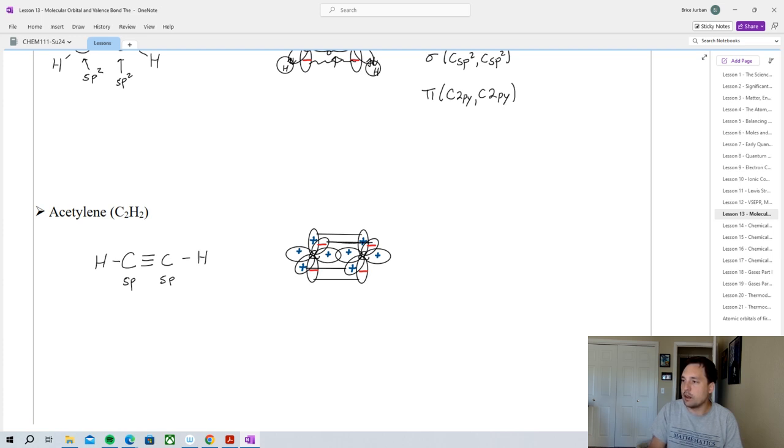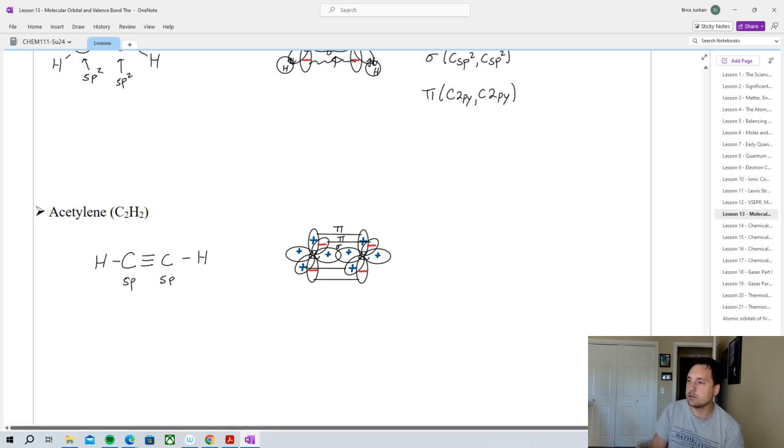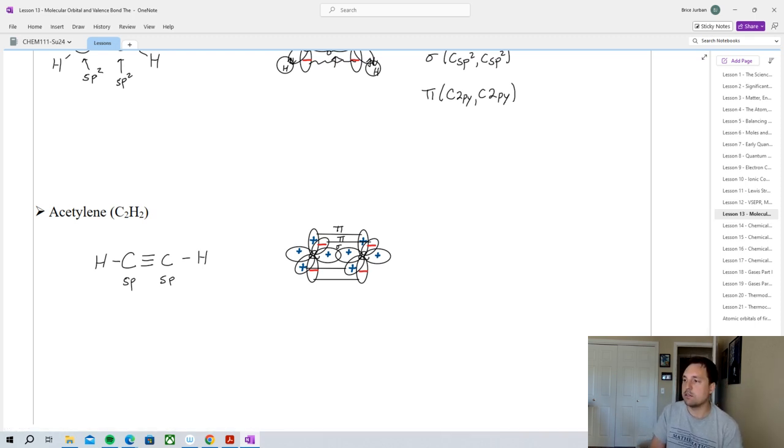So here we have 4 different lines occurring. The top and bottom set here is the first pi bond, and then we have another pi bond. So 2 pi bonds and a sigma bond. This is what gives rise to the strength of acetylene's bond, because we have 3 different bonds overlapping in that same region.